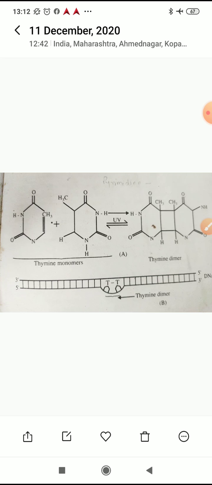Modification of base pair. This takes place due to some highly reactive chemical which may modify nitrogenous base or bases, due to which base pairing mistakes may occur.